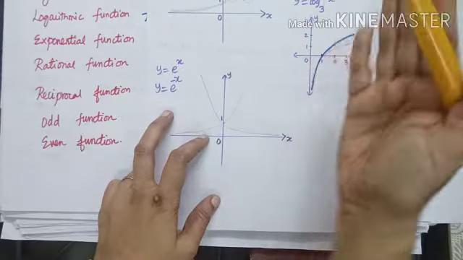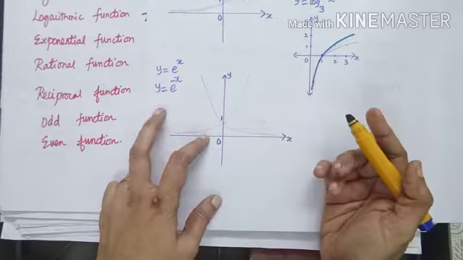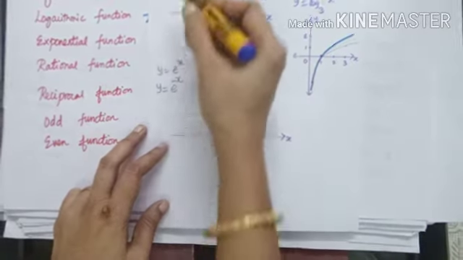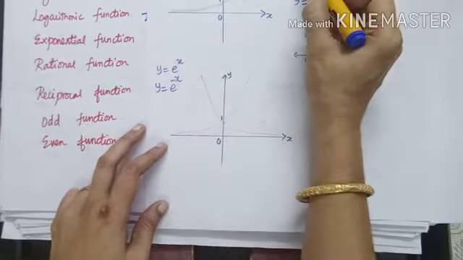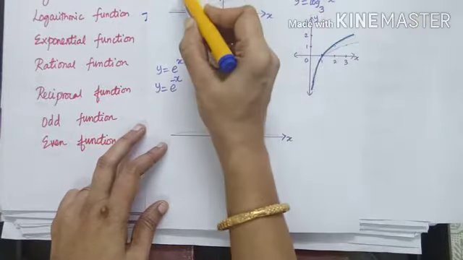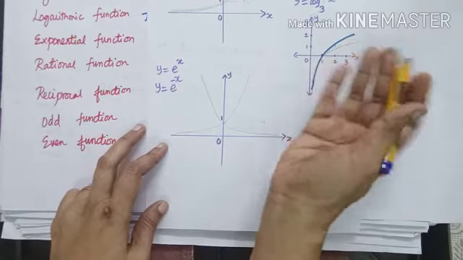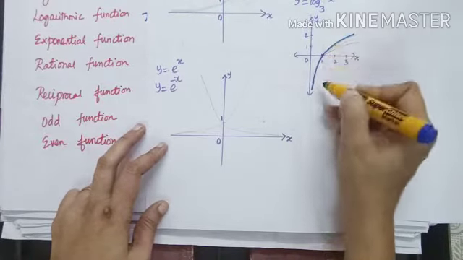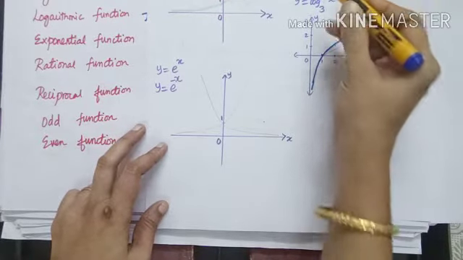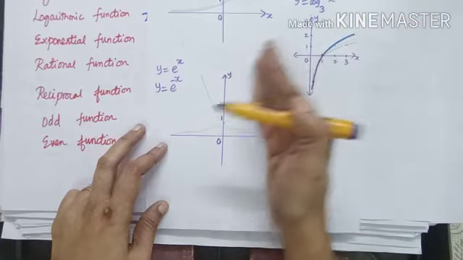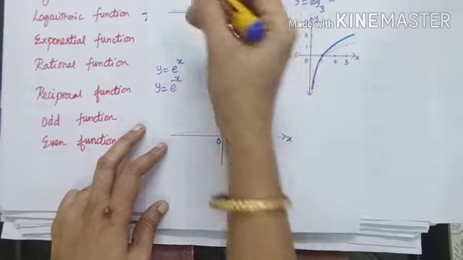Now, what is the reverse of logarithm? We call it exponential function. Here I have log x, here I have x in the power. The same diagram, the reverse. This is in first and fourth quadrant. Log is not defined for negative values.